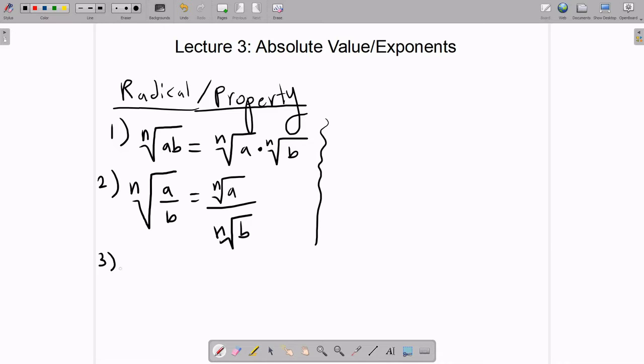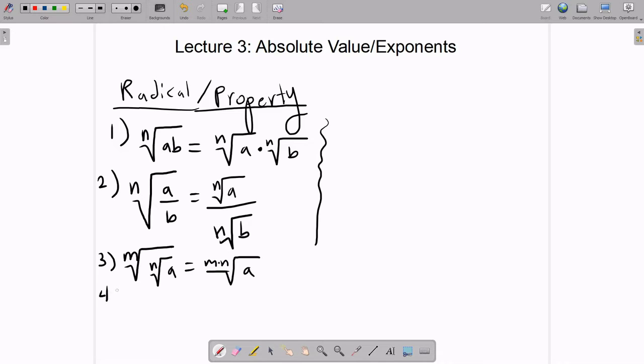The third one, taking the m root of the n root of a, is equal to the root of m times n with an a inside.